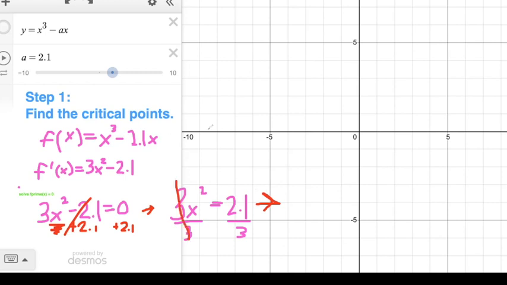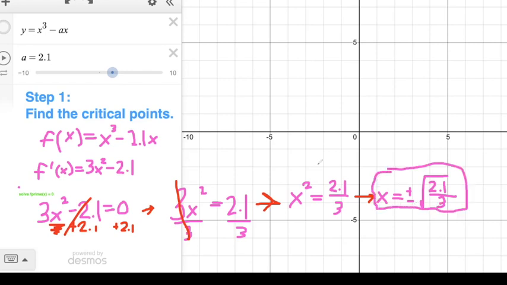So then I'm going to have x squared is equal to 2.1 divided by 3. And so I know that the solution of x squared equal to a positive number will be x is plus or minus the square root of 2.1 divided by 3. Now, the challenging part is finding the critical point. So that's step one.